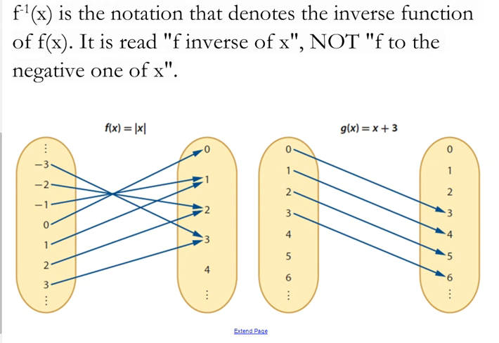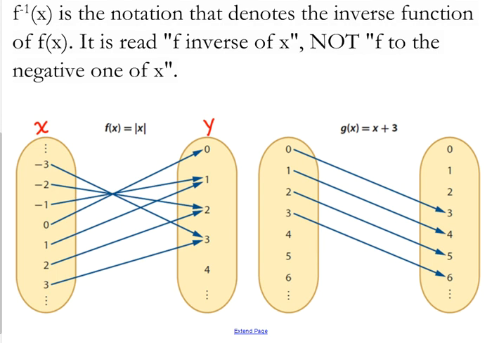Let's look at f of x equals the absolute value of x. Over here on the left, this is what we call a function map. This is a mapping. Over here on the left are the x values. Over here on the right are the y values. So when we plug -3 into the absolute value function, the answer is +3. When we plug in -2, we get +2.